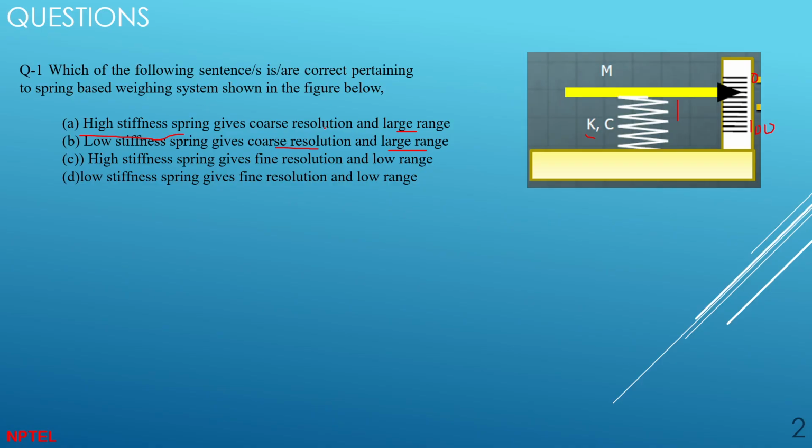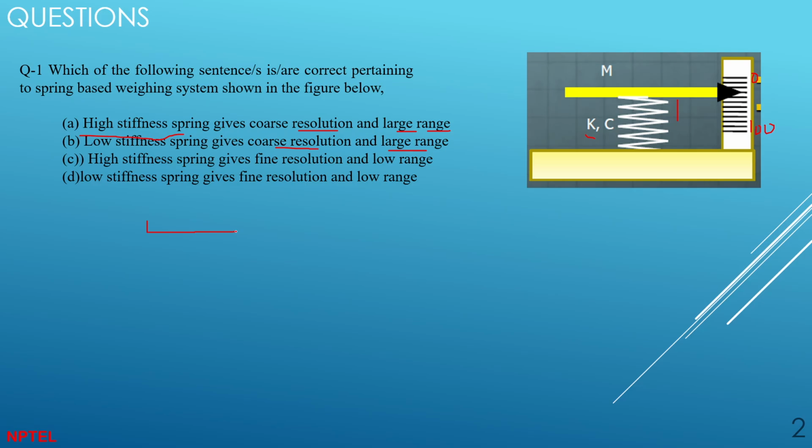Now to solve this type of problem, we need to know what resolution and range are. There are two cases, high stiffness and low stiffness, and multiple choices can be valid.